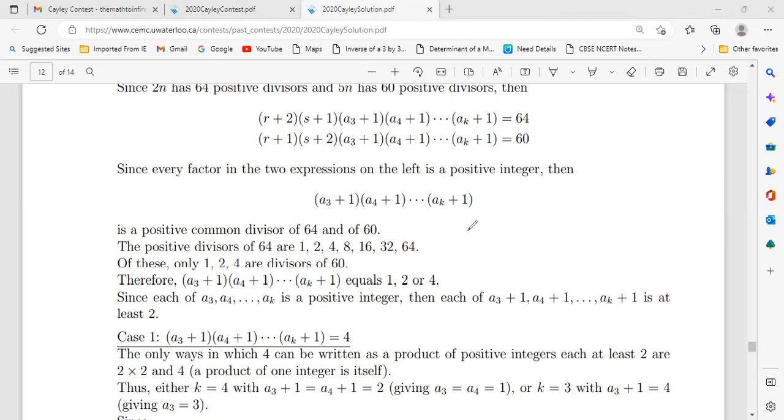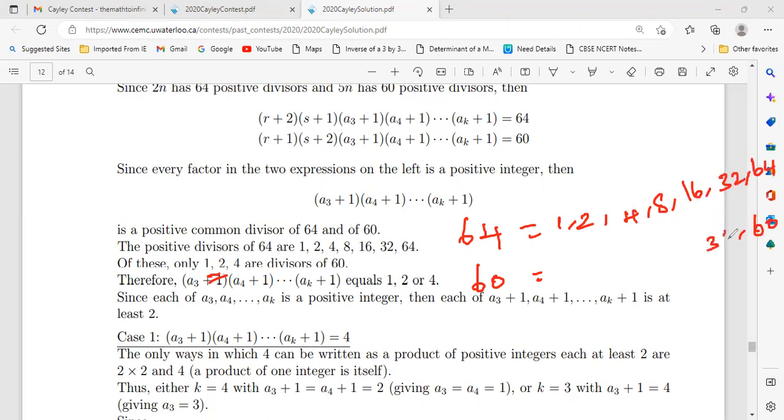Yeah. First you have to list down the factors of 64 and the factors of 60, and then you find the common factors. So you will have 1, 2, 4, 8, 16, 32, 64. And for 60, you will have 60, 30, 15. What else? We'll have 1, 2, 4 also.